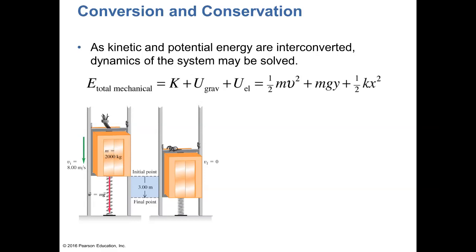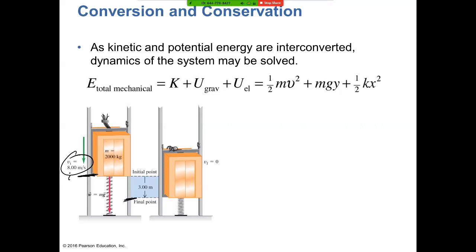Okay, so let's say we have 2 points of interest. Here's the initial position, where the elevator hits the spring, which was not compressed initially. That means it hits the spring with a speed of 8 meters per second. What it does then is compress the spring by 3 meters.